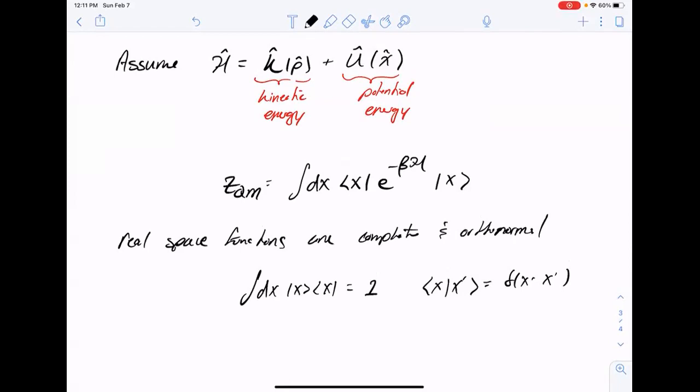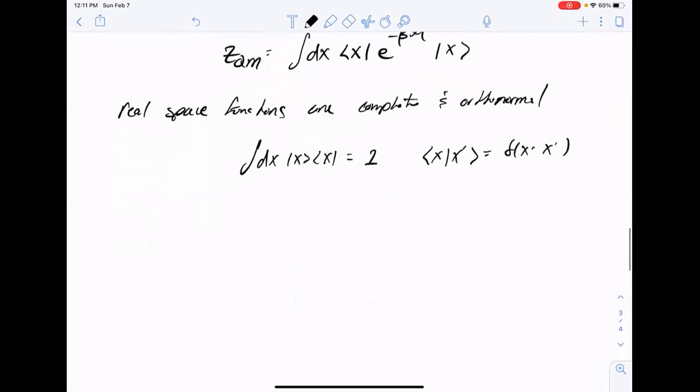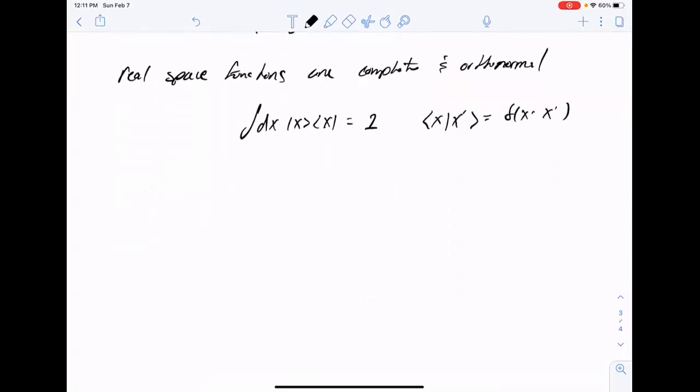However, the kinetic energy operator, of course, is not diagonal in the set of real space functions. Its action on those real space functions is therefore complicated. It will behoove us to introduce a set of plane wave functions that diagonalize that kinetic energy operator.